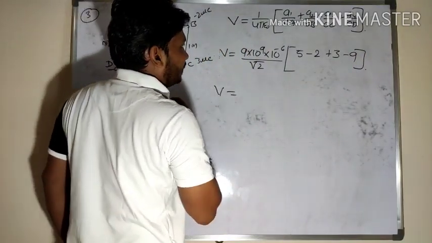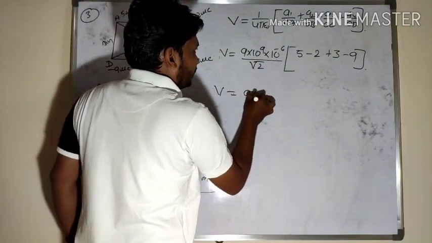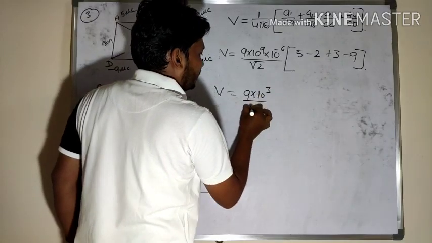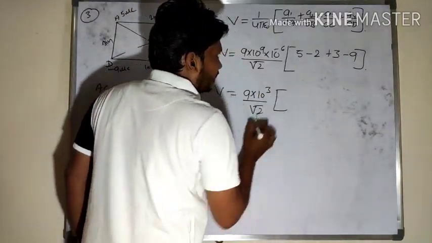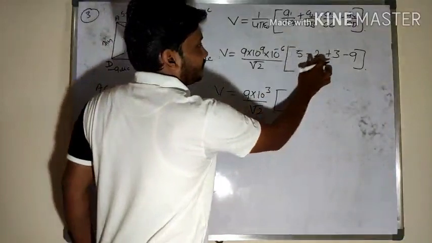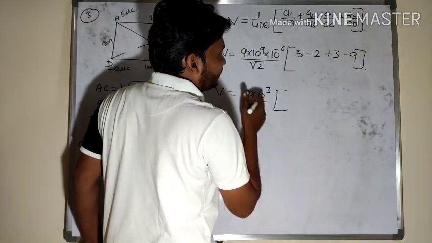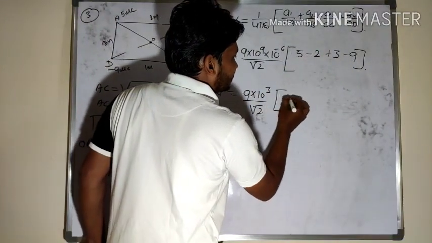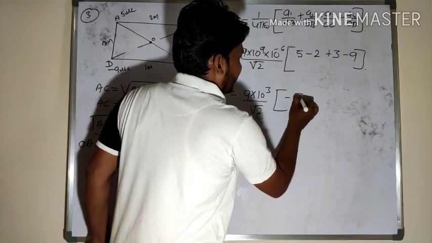So V is equal to 9 into 10 to the power of 3 divided by root 2 here. 5 minus 2, so that is 3, 3 plus 3, 6. So 6 minus 9, so that is minus 3 here.